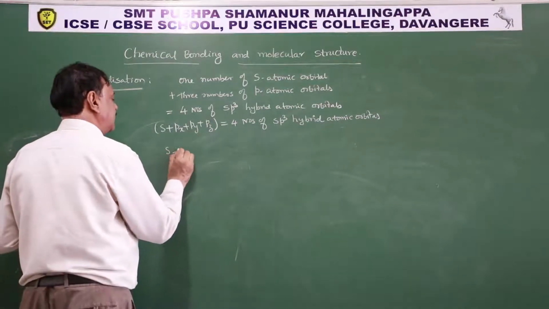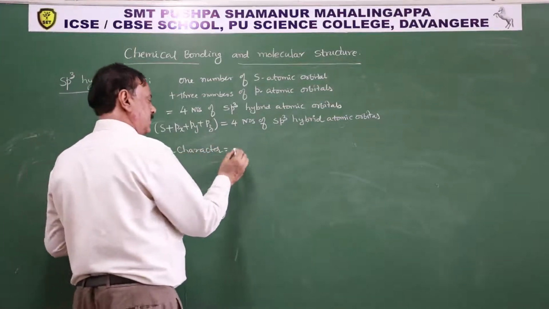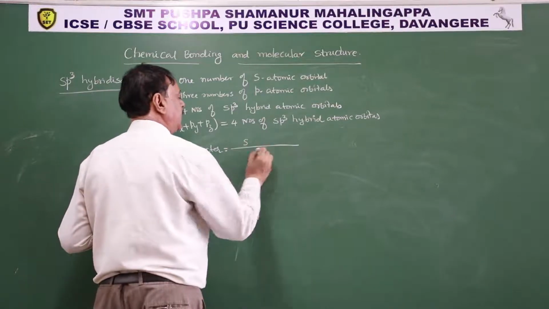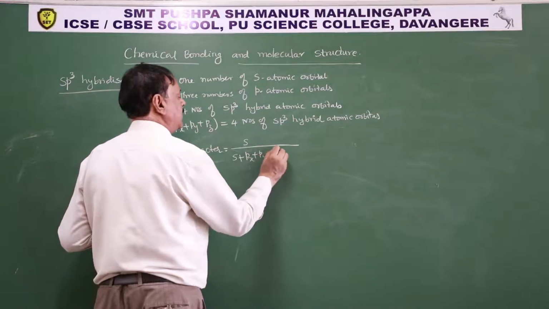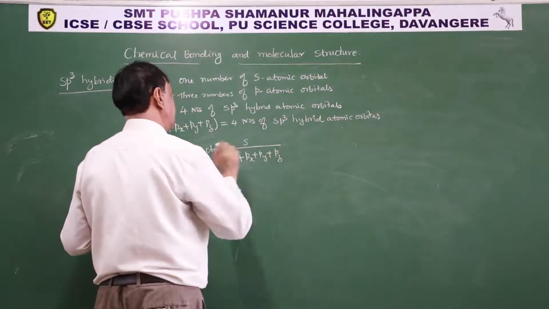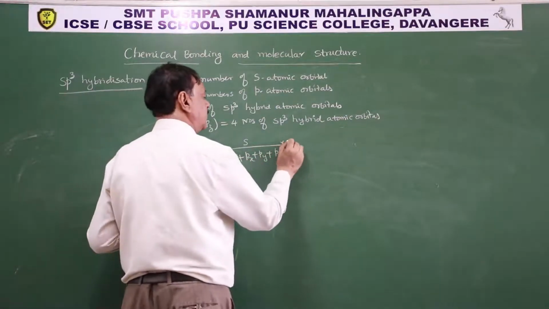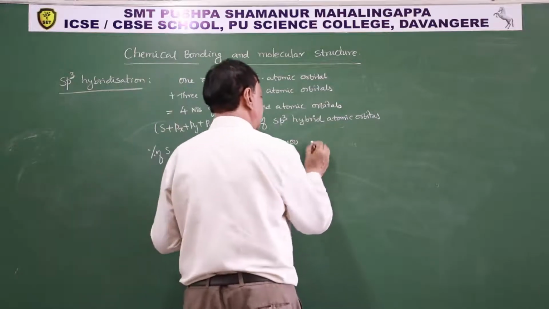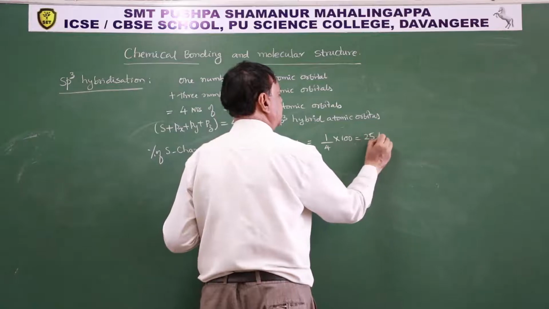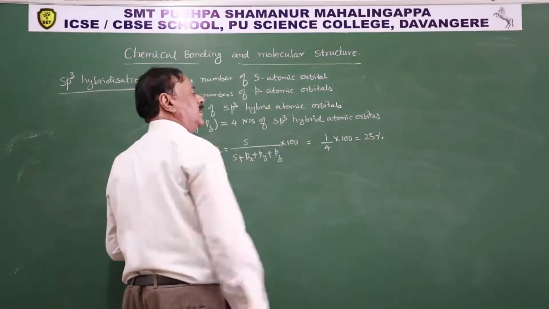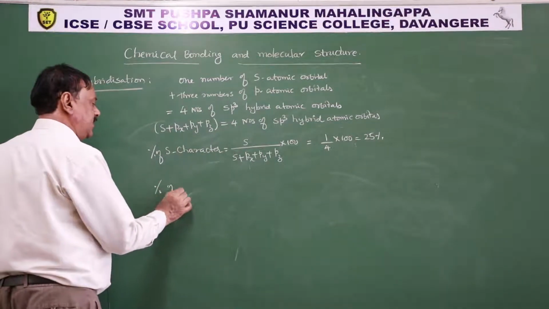S character is equal to s divided by s plus px plus py plus pz. Percentage of s character is 1/4 into 100, that is 25% s character. What about the percentage of p character?